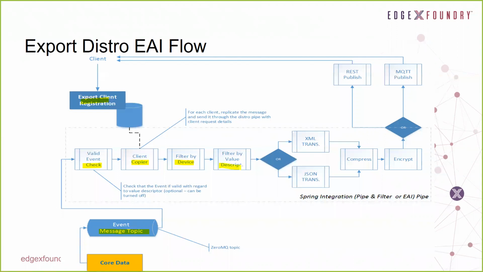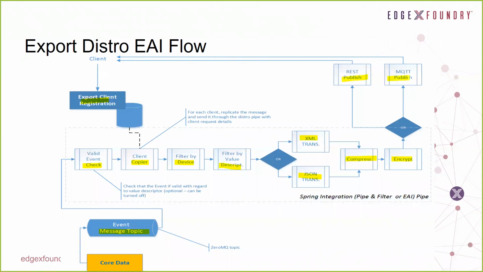Then we branch off based on how you want your data formatted as a client. If you want it in XML or if you want it in JSON, there's a particular transformation object in place that'll take care of that for us. Then we take care of optional compression, optional encryption, and then based on your client registration, we push it out again to the various endpoints, by various objects that deal with the different types of endpoint mechanisms we have.